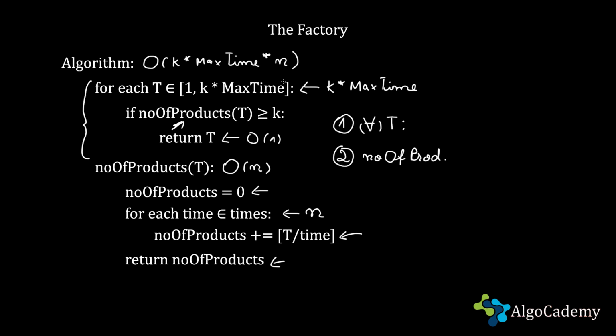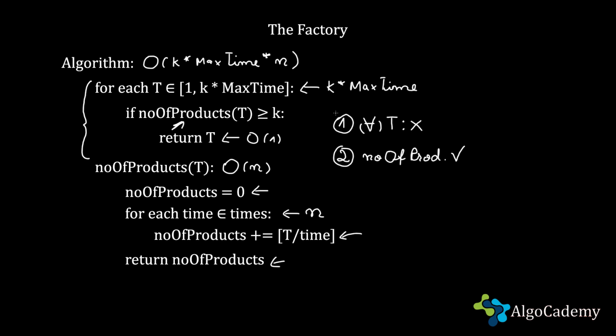We can't come up with a formula on how number of products of t evolves over time. So for each value of t we need to go through each and every worker, compute the sum and return it. For the next value, compute again the sum and return it. So the number of products is good as it is for now. We can't optimize this process. But one thing we can do is optimize the first step.